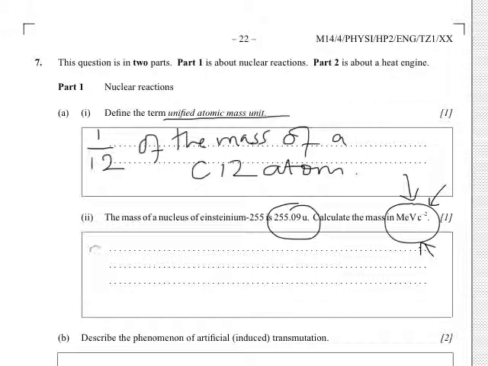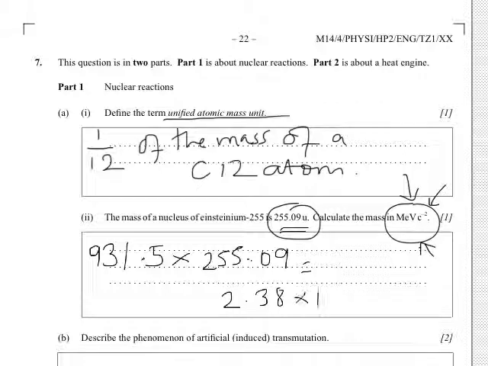So 931.5 is 1 u. So we multiply that by the number of u's, 255.09. Okay, and that will give us our answer, which is 2.38 times 10 to the 5 megaelectronvolts per c squared.